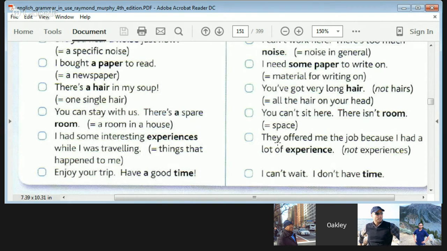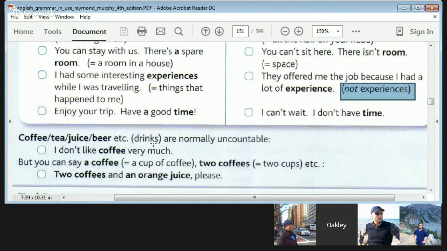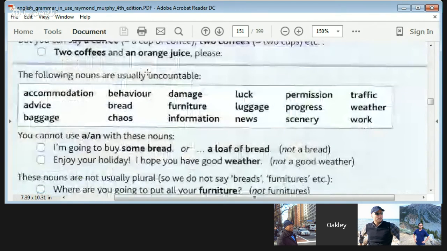If you talk about the general concept, then it's uncountable. They offered me the job because I had a lot of experience, not experiences. Yeah, and we already talked about time. And we already talked about liquids.